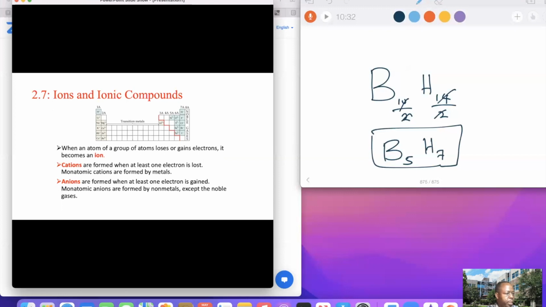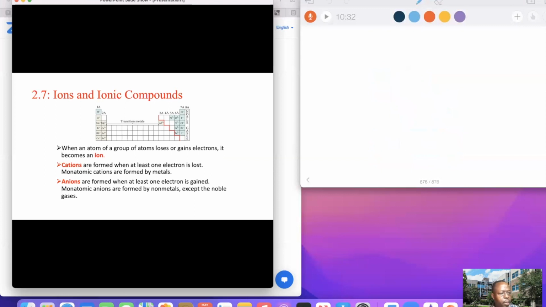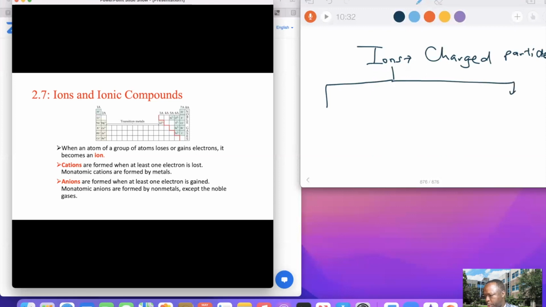Let's look at section 2.7. Section 2.7, ions. When we say ions, all right, they are charged particles, and I broke down for you in part 1 of this lecture what ions are. Ions, basically, are charged particles, and there are 3 types or categories of ions.